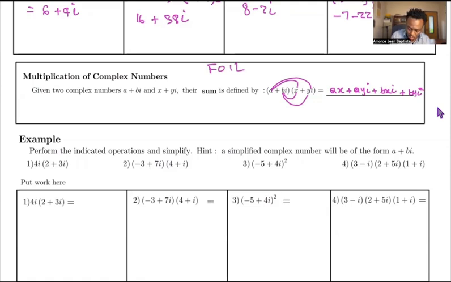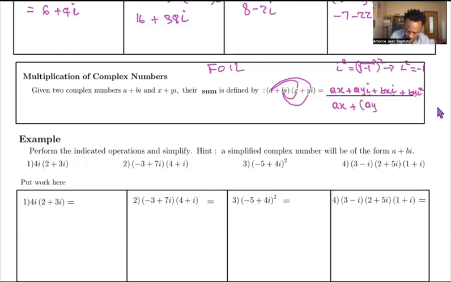We're not going to forget that i equals the square root of -1. Now, if we square both sides, i squared is -1. So that will be AX plus, there's i and i, we can factor i out.